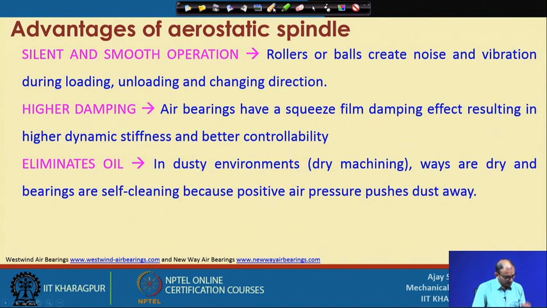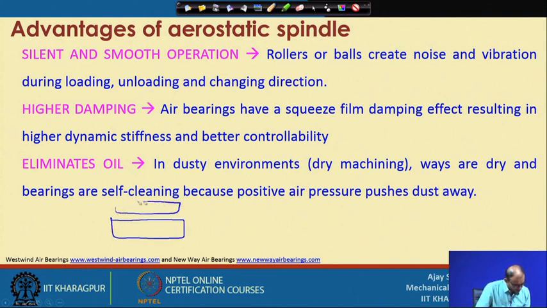If you remember that earlier animation that we had, where we have seen that this is the shaft, correct, and these are the bushings through which we are passing the air, correct. So, this air was coming like this and then it is moving to the atmosphere, right. So, what is the advantage?